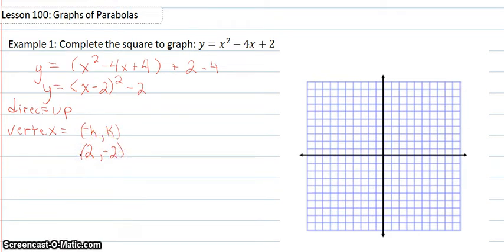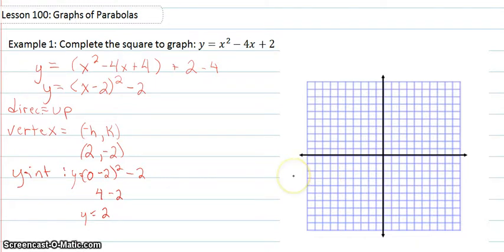Okay, and then I'm going to find my y-intercept. So what I'll do is put a 0 in for x. So I'd have 0 minus 2 squared minus 2. That's y equals that. And then I'll have 4 minus 2, and then that's 2.